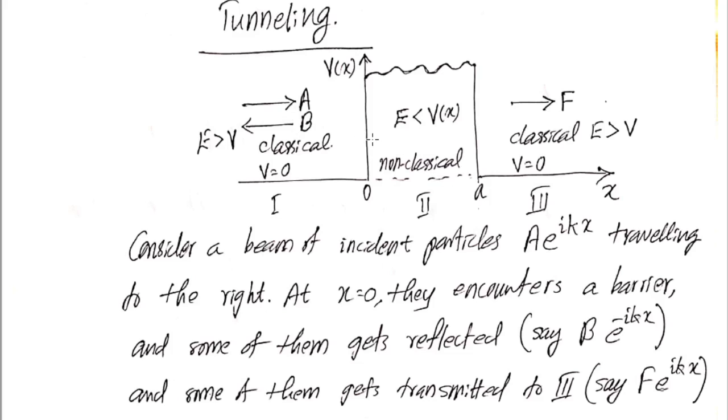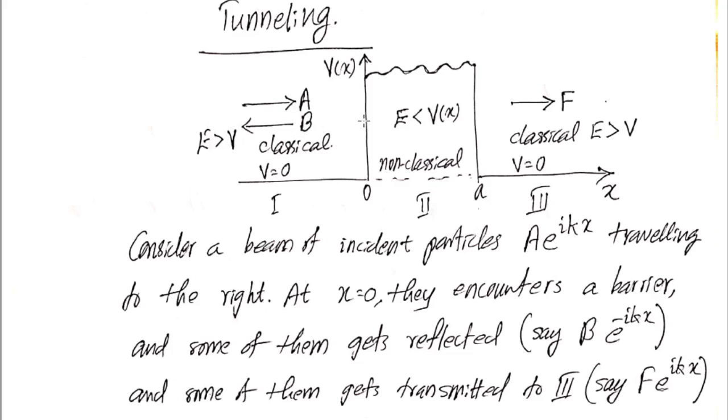The particle cannot exist here by classical mechanics, but quantum mechanics says that there is a non-zero definite probability of the particle tunneling through this region into region 3. Now we consider a beam of particles incident from the left, that is, coming towards the right in region 1, and it will be incident on the boundary at x = 0.